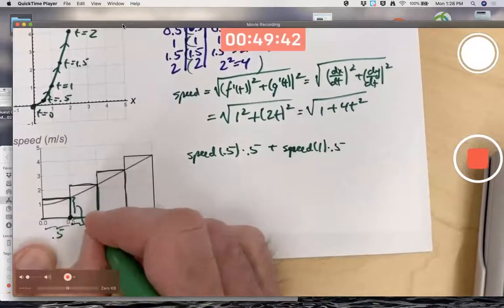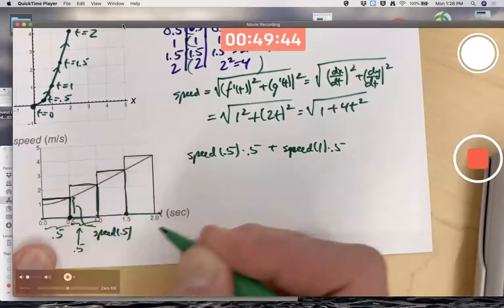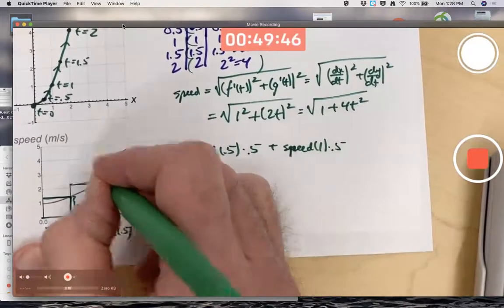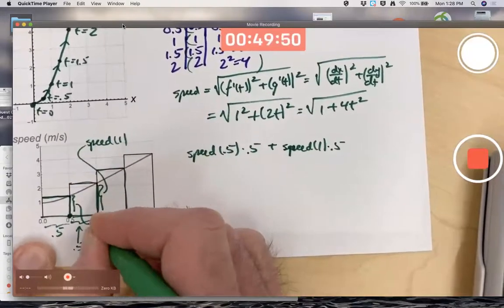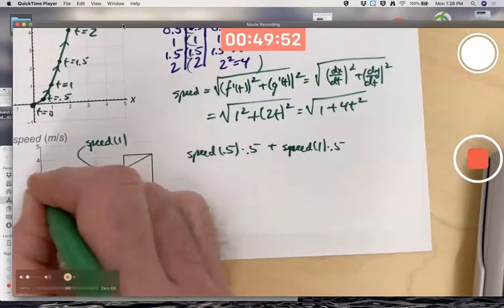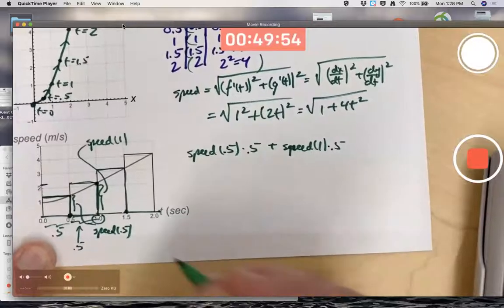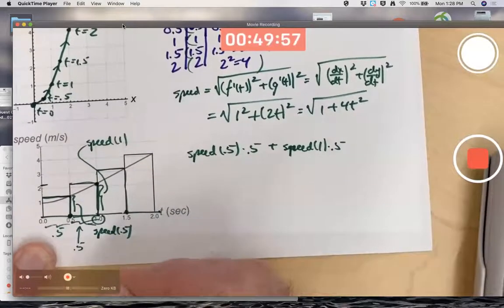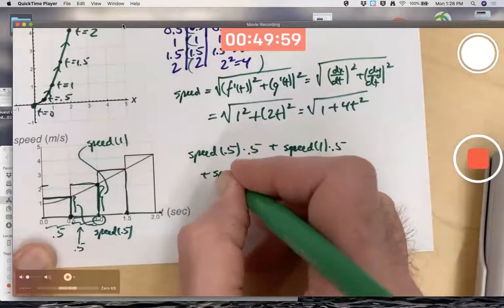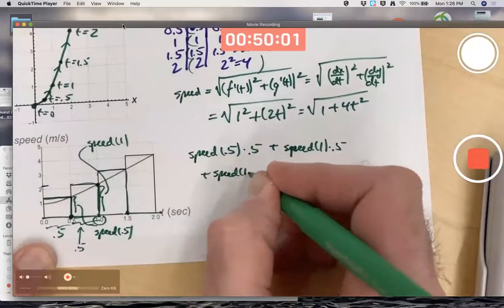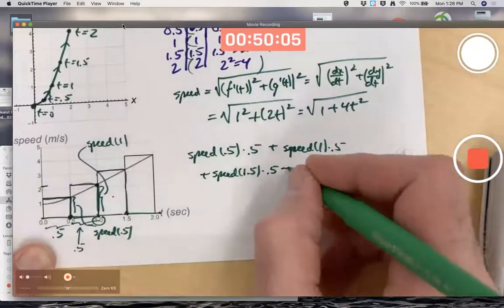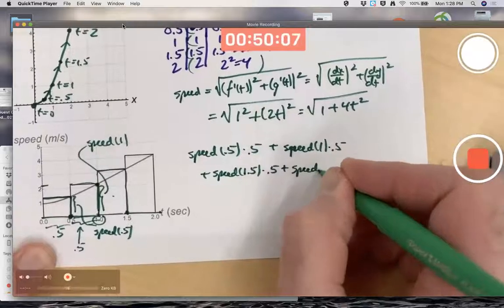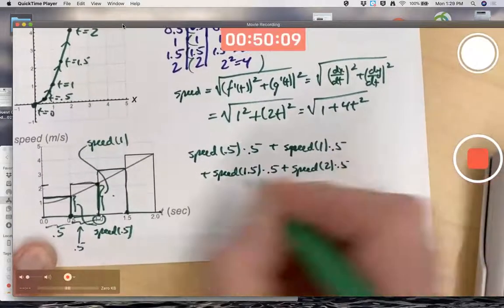Its base is also 0.5. Its height right here is speed of 1. Plug in 1 right there into the speed function. The second coordinate right there is speed of 1. That's also the height of the rectangle. Speed of 1.5 times 0.5 will be the area of the third rectangle right there. And speed of 2 times 0.5 will be the area of the fourth rectangle.